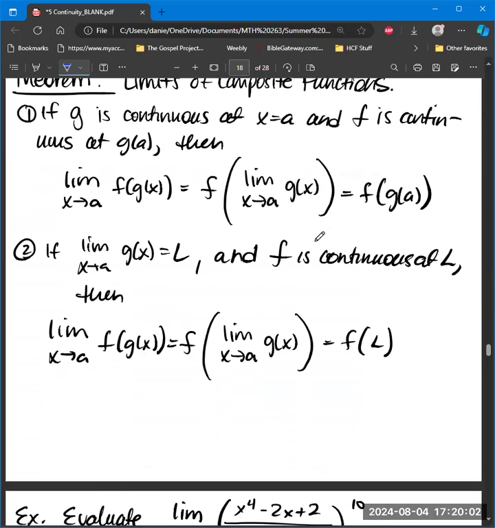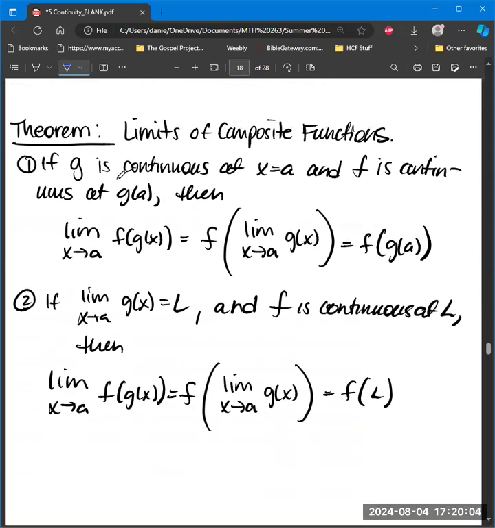So for limits of composite functions, if g of x is continuous at x equals a and f is continuous at g of a, then the limit of f of g of x as x approaches a is f of the limit of g of x as x approaches a. Since it's continuous there at g of a, we'll go ahead and replace that limit with g of a, and we'll find f of g of a, and that will be our limit value for our composition.